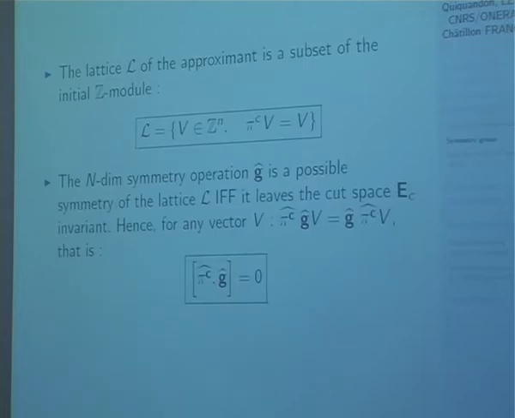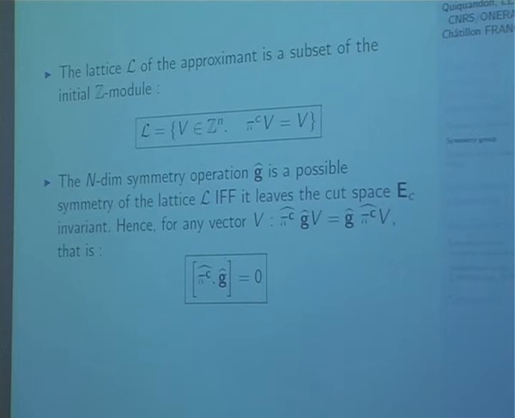Now let's go through some understanding. You have a lattice, that is the lattice of the approximant. It's a set of vectors, the Z model, such that their projection on the cut space leaves them invariant. Now the symmetry operations of the lattice: if they leave invariant the cut space, E_C, they are a possible symmetry of the lattice.